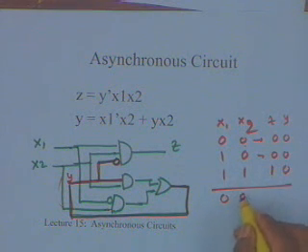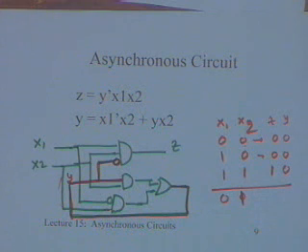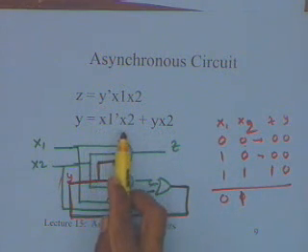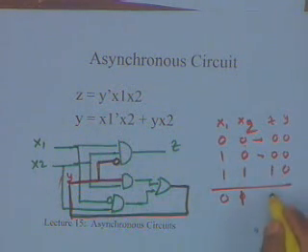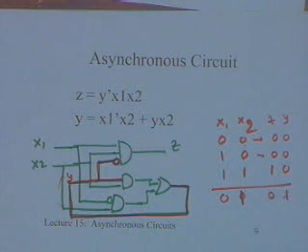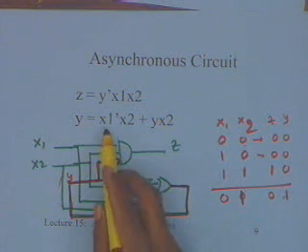So in this case I have produced an output of 1, but let us say I go from 0, 0 to 0, 1 instead of 1, 0. So x1 is 0 and x2 is 1, my output of course is going to be 0 because x1 is 0, but Y is going to become 1 because of x1 complement x2.